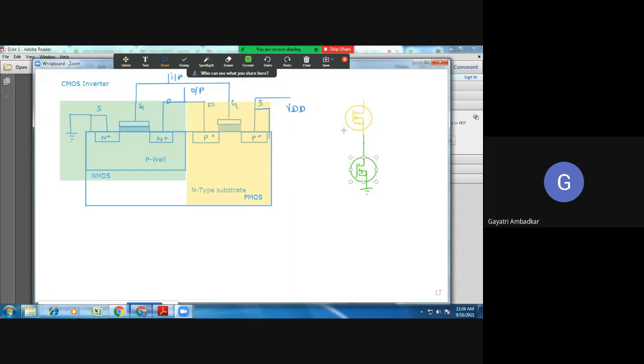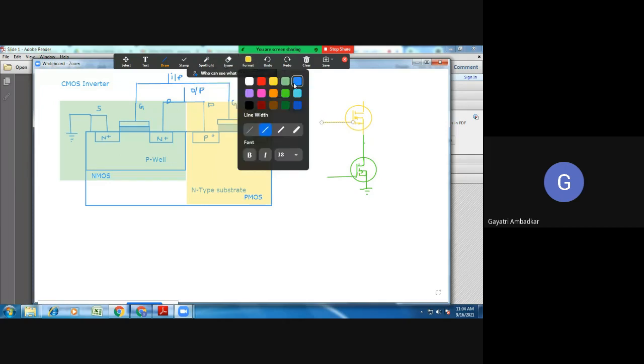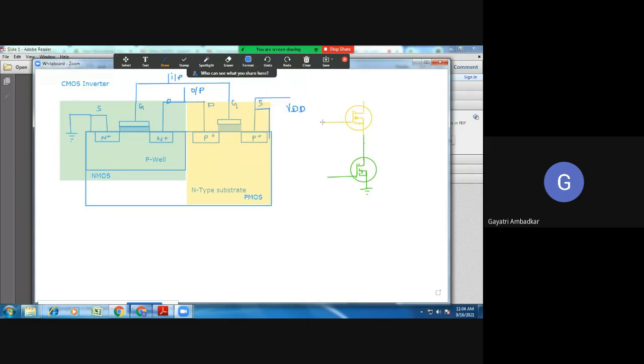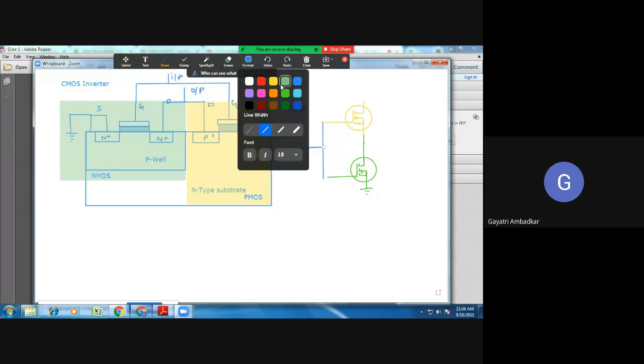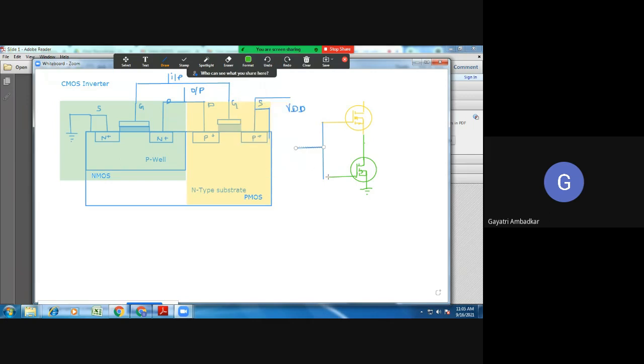So this is your NMOS. What we have done is connect the gate of the first and this gate together, and here we are going to apply input.